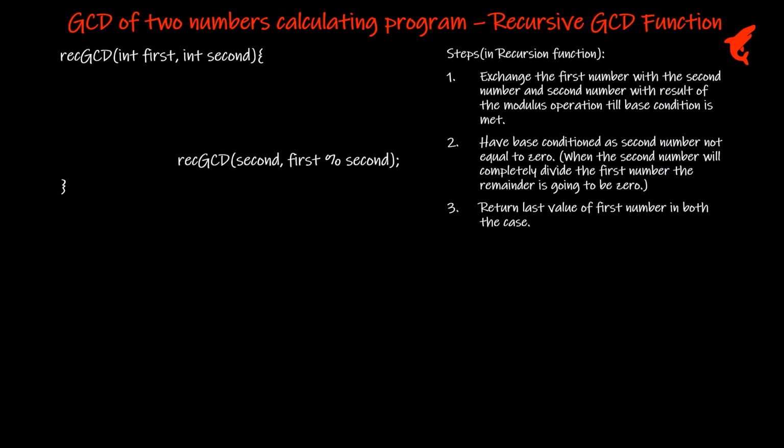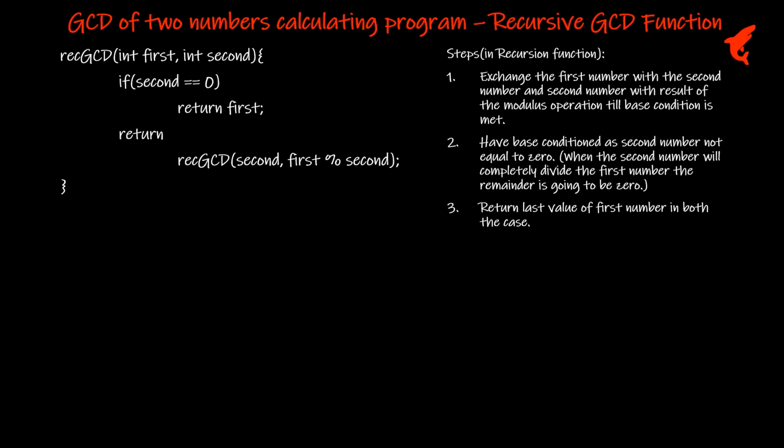And we do this till what? Till our base condition is met. And what is going to be the base condition? That the second value is equal to 0. Okay, that is the base condition. And in that case, what do we return? We return the value first, right? And this value first, which is returned when the value of the second variable becomes 0, has to be also returned for other calls, and therefore we simply have a return statement.